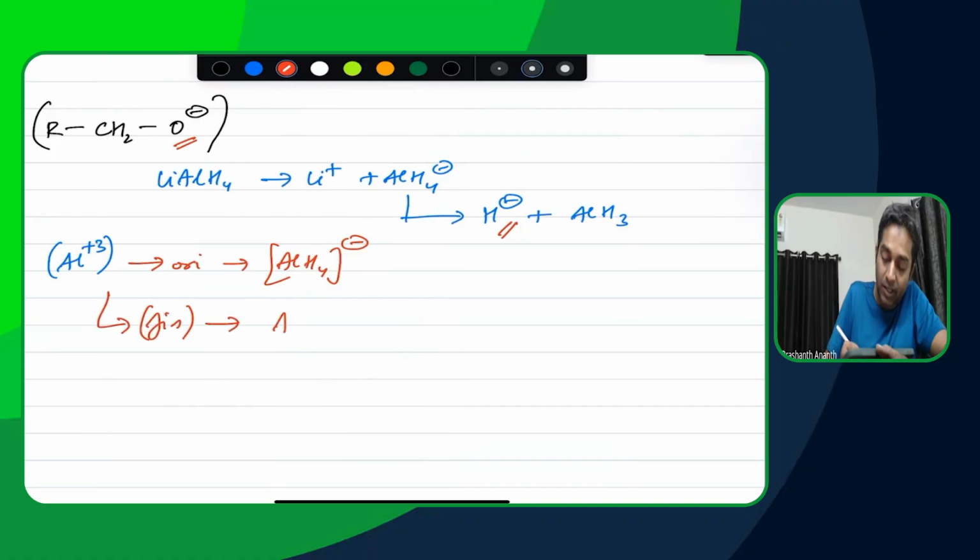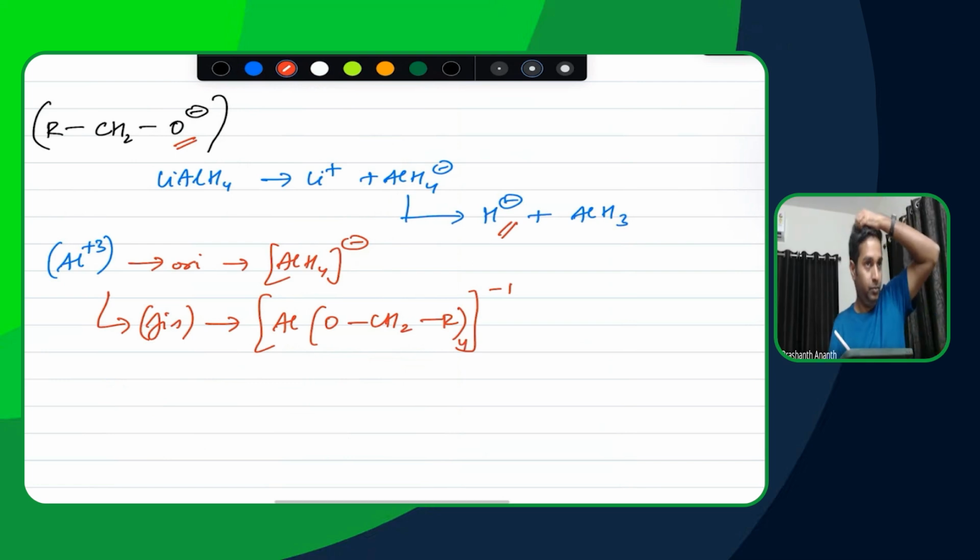What is going to be the final state in this particular case? It is going to be present as Al(OCH2R)4 minus, the entire thing minus 1. There are 4 of these. But where is the negative charge? The negative charge is on the oxygen here, not anywhere else.